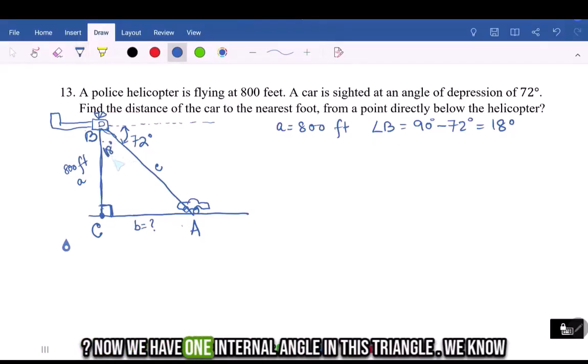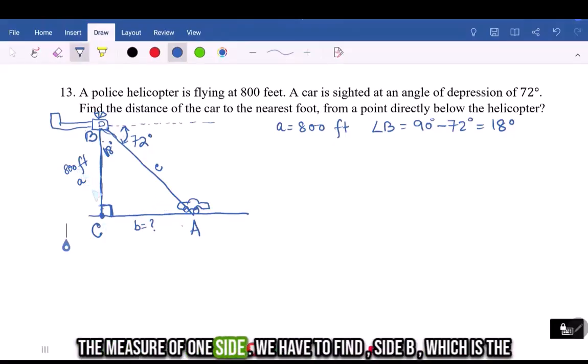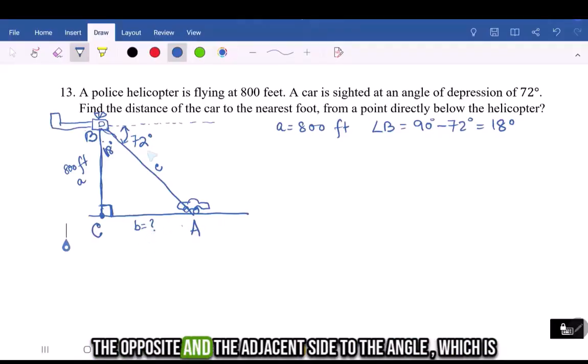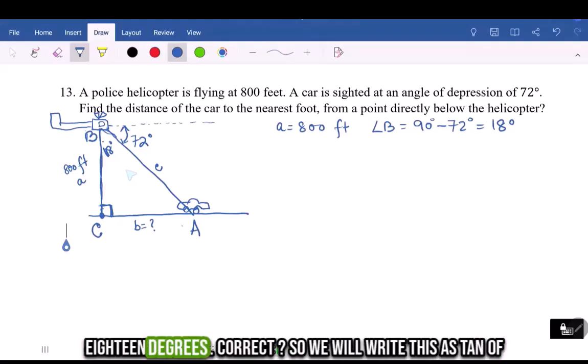Now we have one internal angle in this triangle. We know the measure of one side. We have to find side b, which is the unknown side. We can set up a tangent ratio equation using the opposite and the adjacent side to the angle which is 18 degrees, correct?